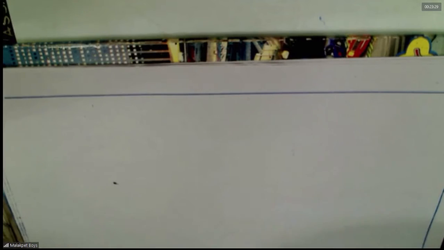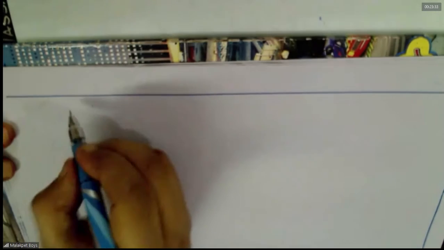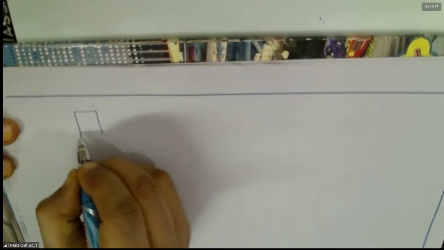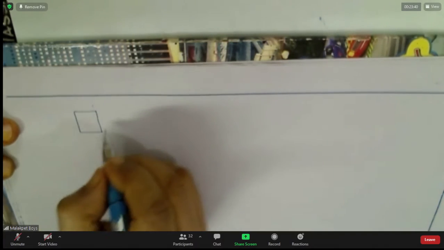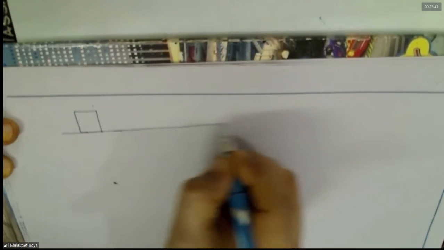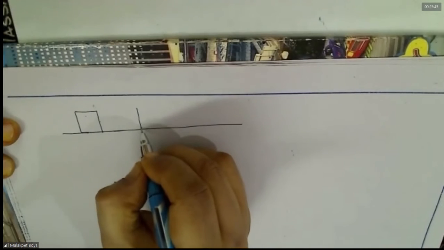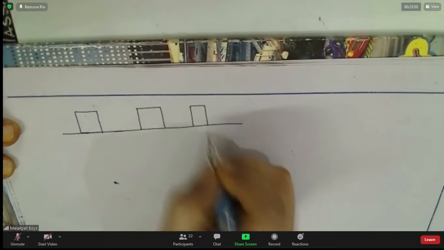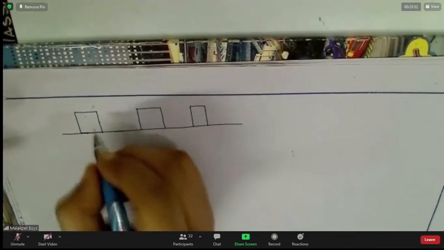Now let us see the other aspect. We have seen about normal reaction, mostly we concentrated. Let us go to the tension part. So there are three blocks like this. This is 4 kg.